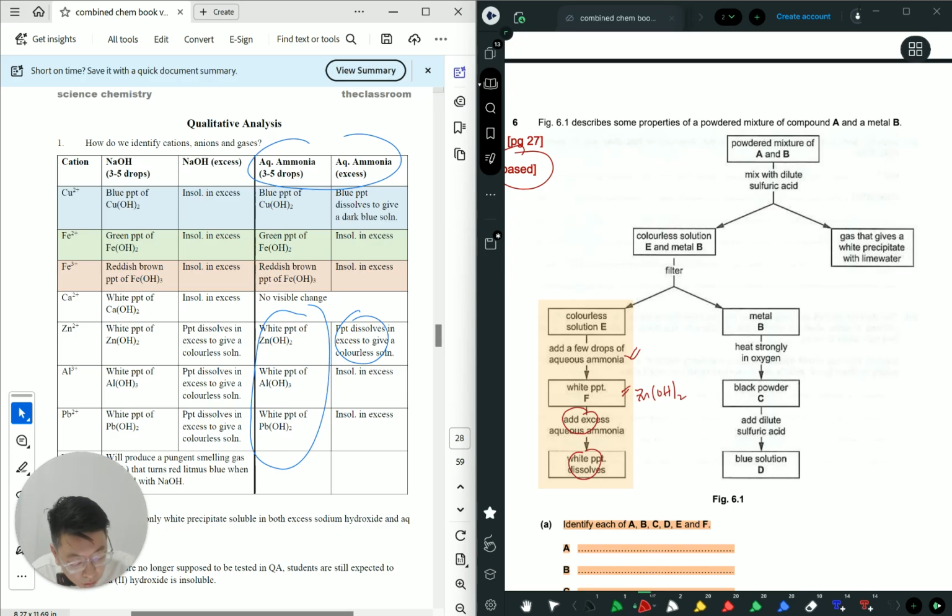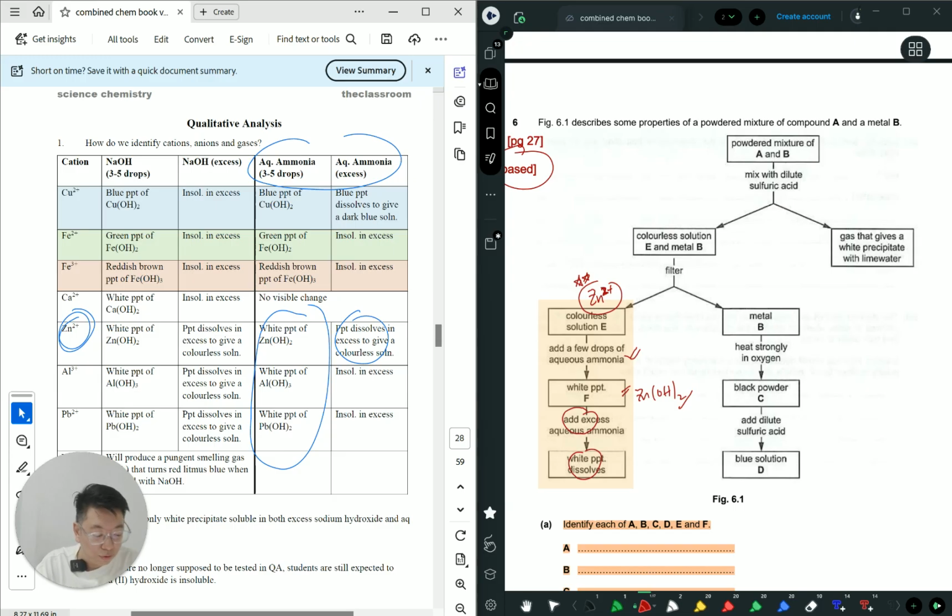And the second conclusion is that you have zinc ions present in solution E. You need to be able to list this down here. Most students forget. They're like, oh, I know the white precipitate, and then after that they stop. So you must also be able to tell me what the ion present is. So that's 1 mark.